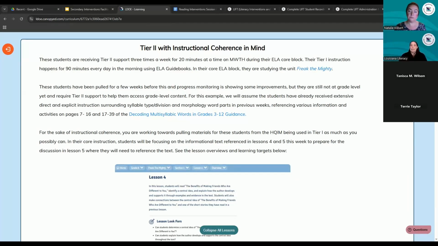So there's definitely opportunity, especially within a 90-minute block, for you to be able to do tier 2 in that core classroom. And a lot of times the ELA teacher is the one that is doing tier 2 intervention and support with their students. Tier 3 is more where you want more specialized interventionists pulling those students at a separate time of the day.